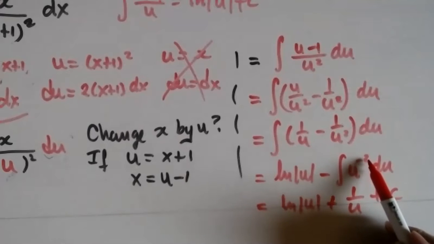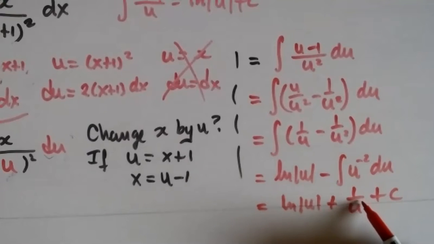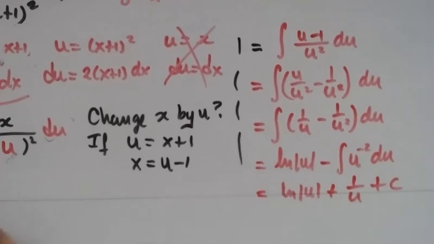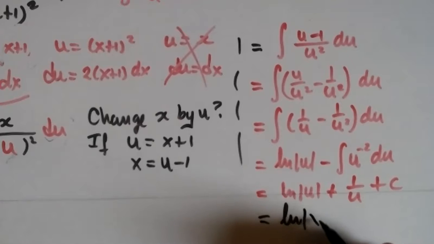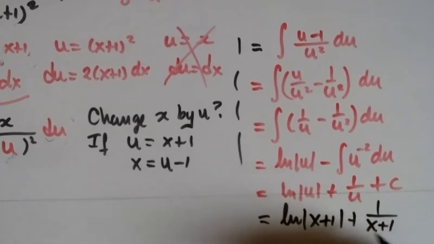Because if you add 1 here, negative 2 plus 1 is negative 1, so this expression over negative 1 with this minus is a plus. Now, what is the last thing you have to do? I have to return the u value. So this is ln of absolute value of x plus 1, plus 1 over x plus 1, plus c.